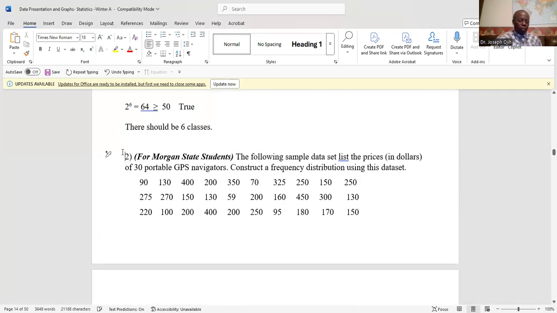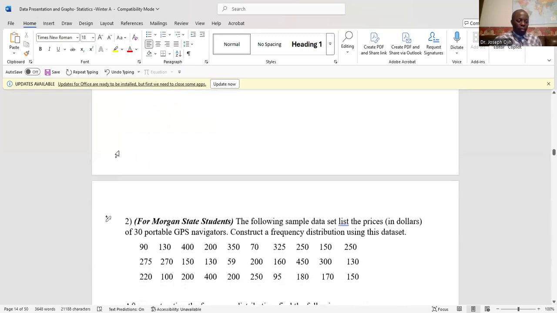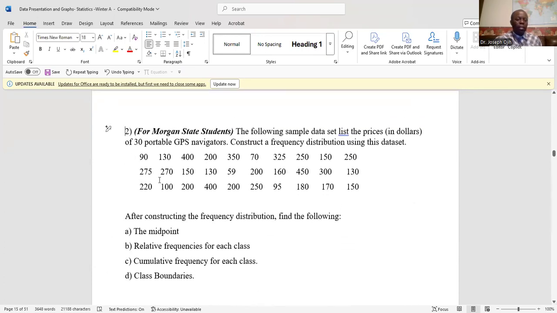No question. So now let's do a full example. This example says, the following sample data lists the prices in dollars of 30 portable GPS navigators. Construct a frequency distribution using this data set.